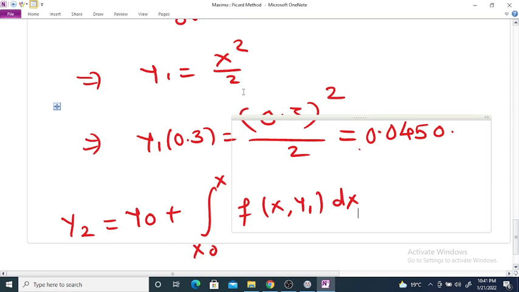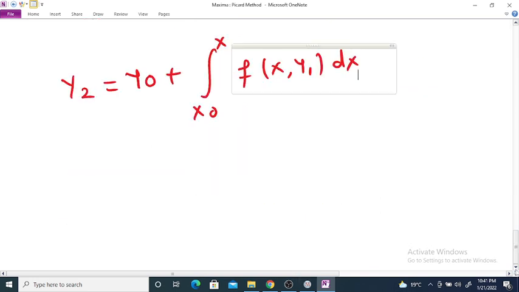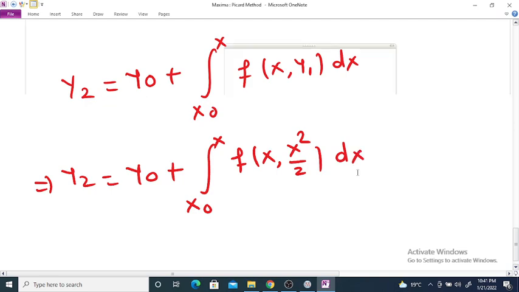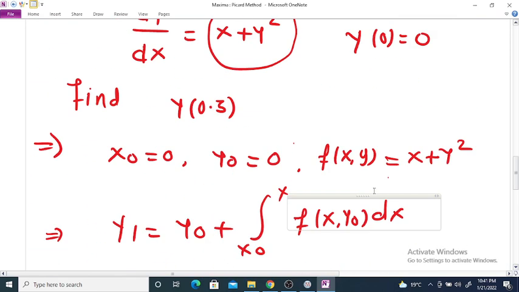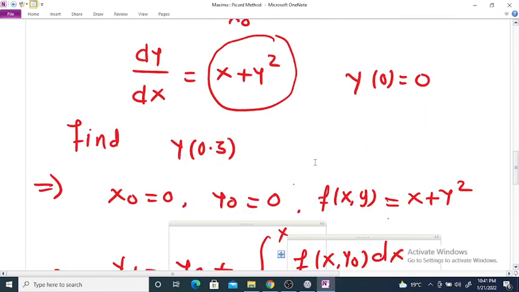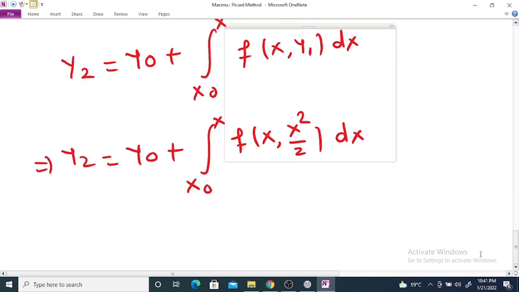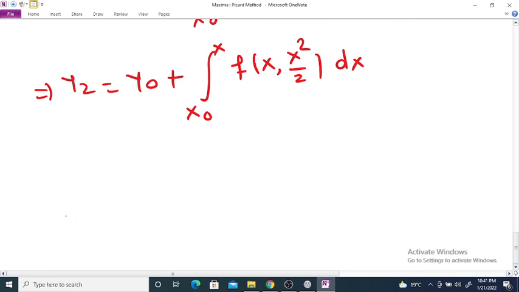So y1 is x square by 2. So y2 is equal to y0 plus the integral x0 to x of f of x, x square by 2 dx. Now what is f of xy? f of xy is equal to x plus y square. So in place of y, we substitute x square by 2. y0 is 0, x0 is 0.